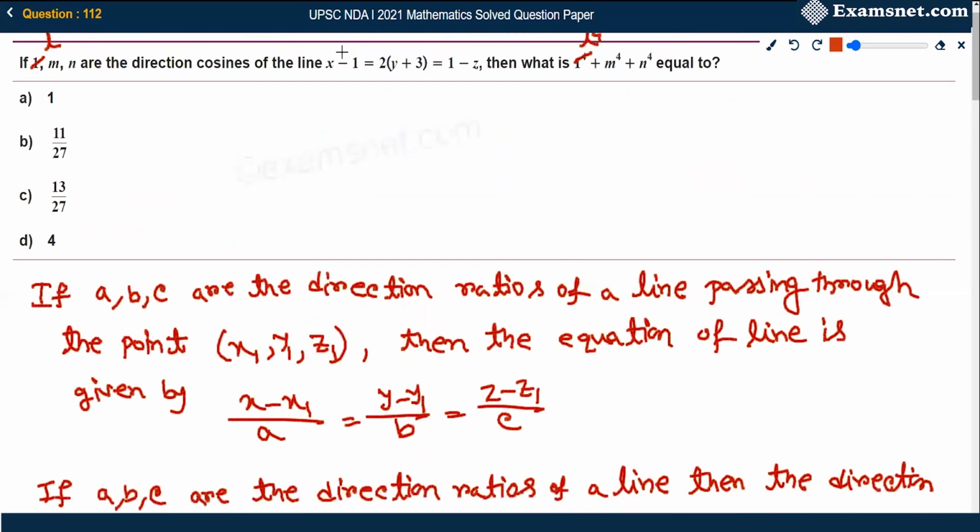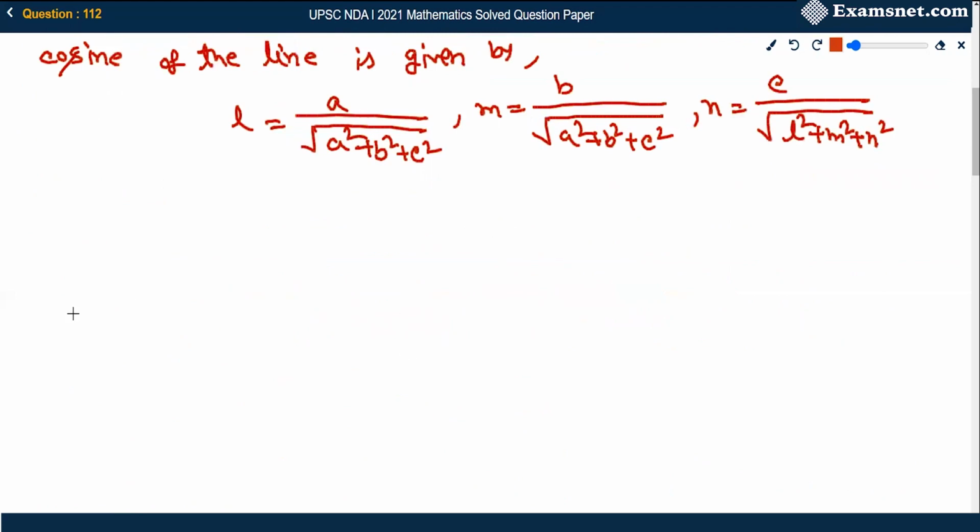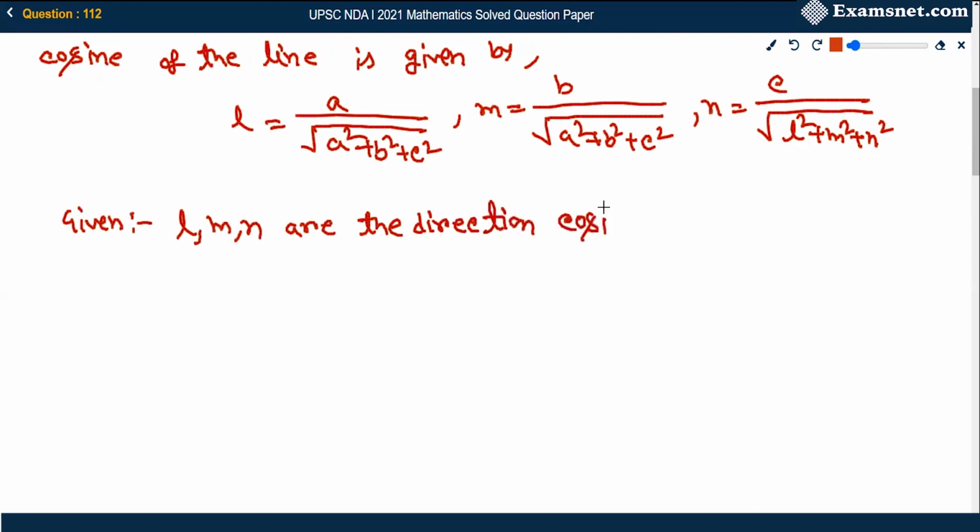Okay, now let's look at the given question. So here the line is given as x minus 1 equals 2 multiplied by y plus 3 equals 1 minus z, correct? So already I have said that L, M, N are the direction cosines of the line.